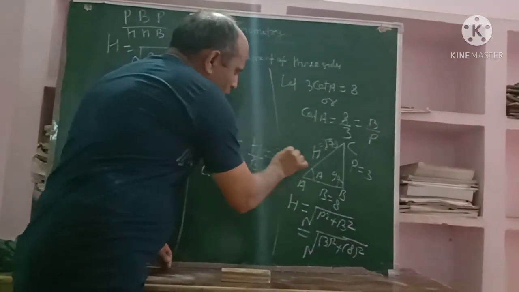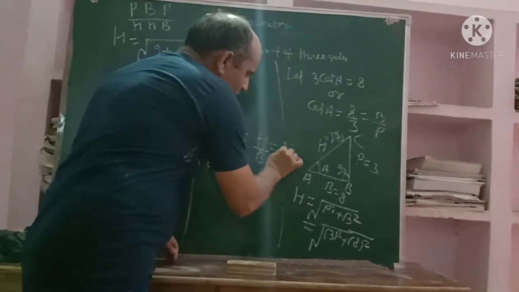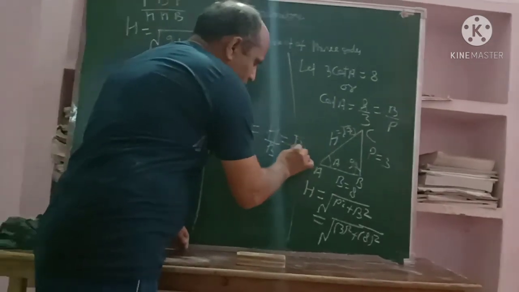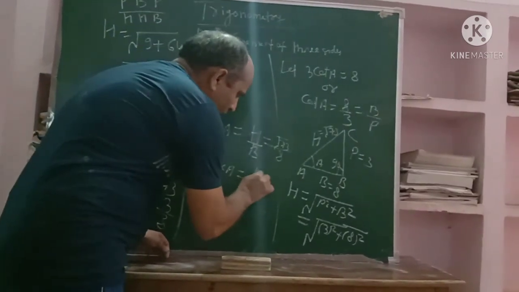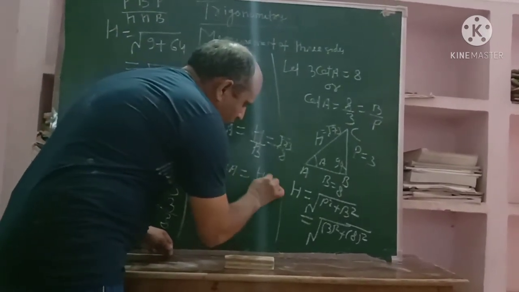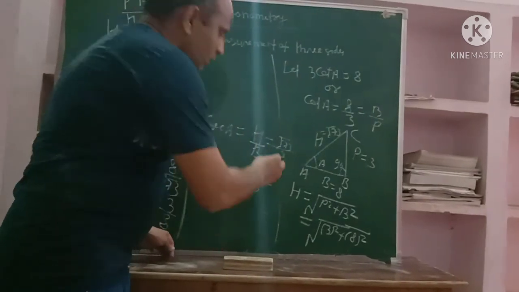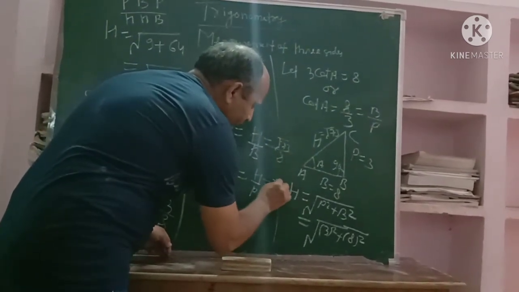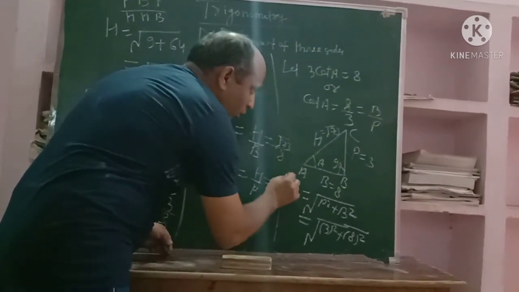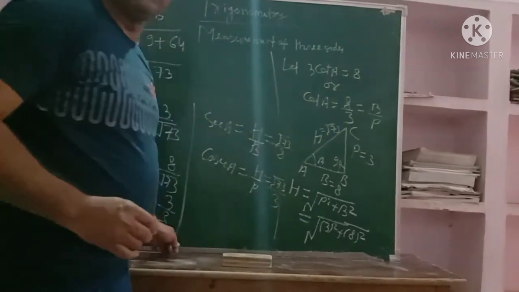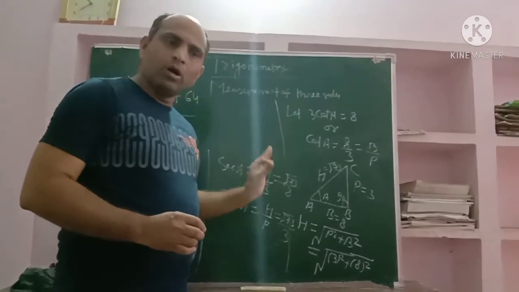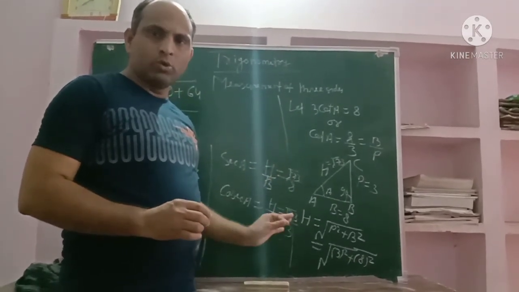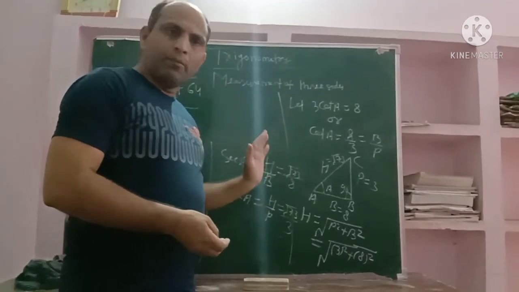Hypotenuse is your root 73 upon 8, and cosec A is equal to hypotenuse upon perpendicular. So hypotenuse is your root 73 upon 3.